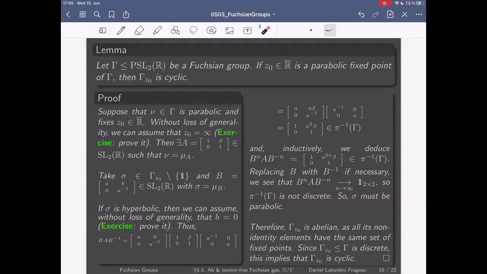And if sigma is parabolic, that means all the elements which fix Z0 are parabolic, and we know parabolic elements commute with each other. And so we know that the stabilizer is abelian, and a discrete abelian subgroup of a Fuchsian group is cyclic. That was the first part of the lecture.